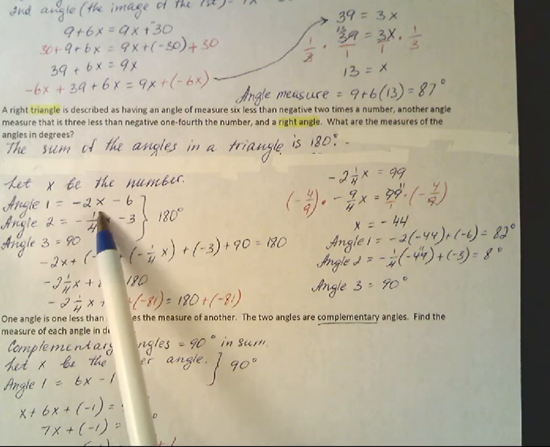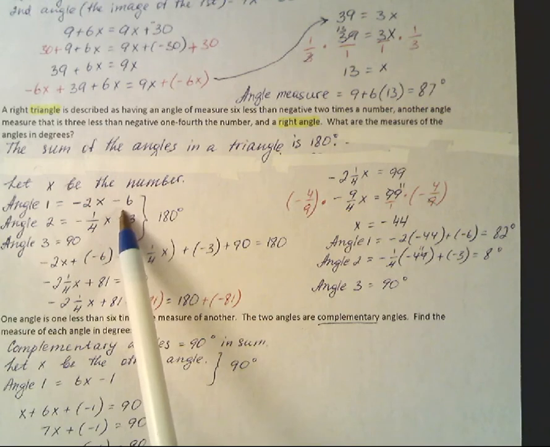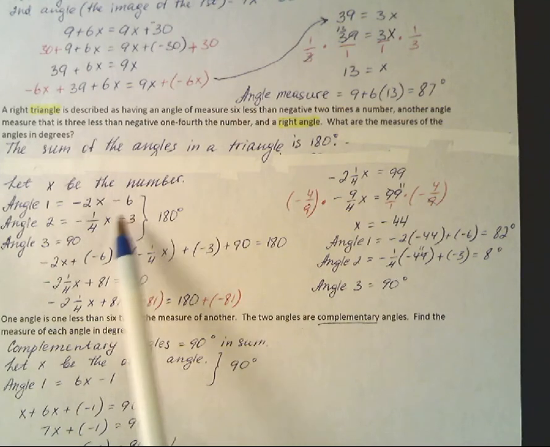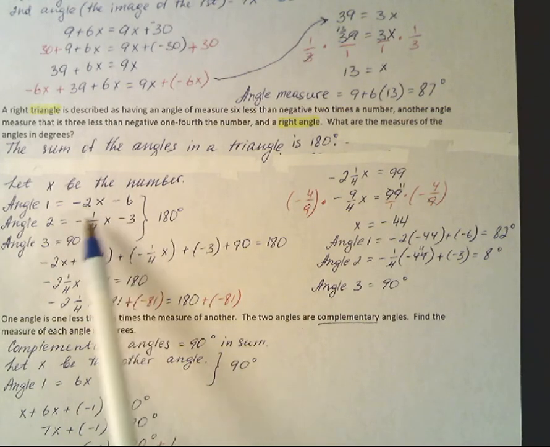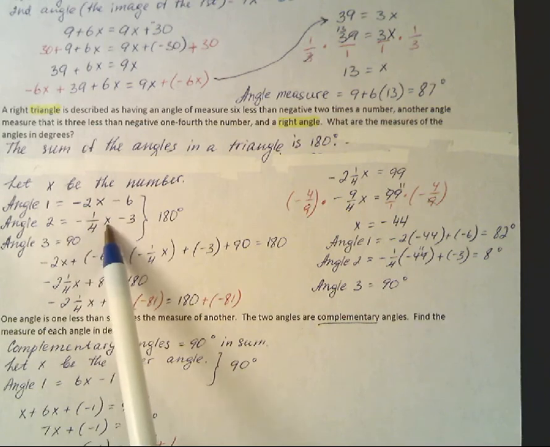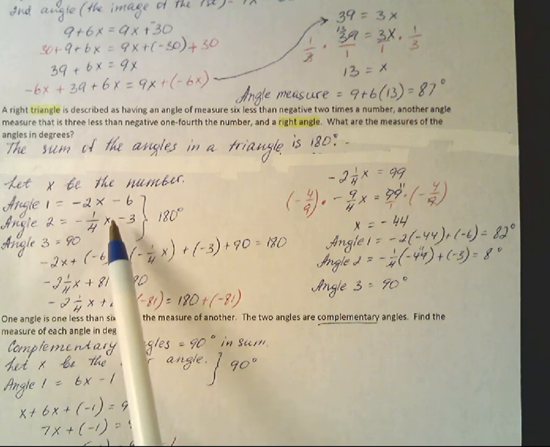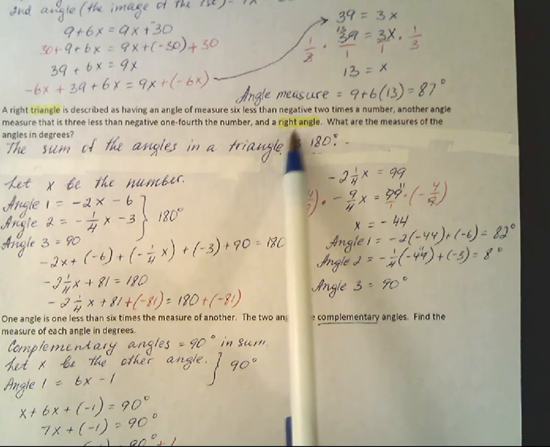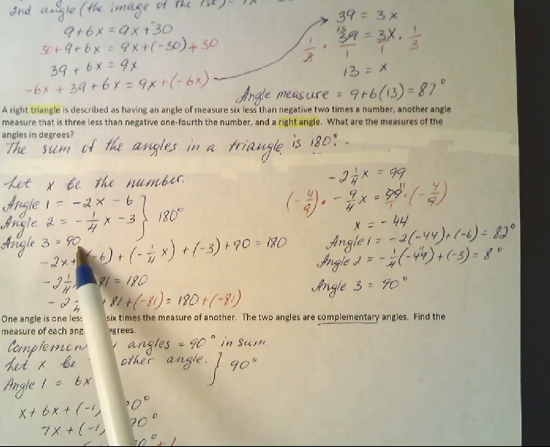Okay, -2x minus 6. Second angle, 3 less than -1/4 the number. 3 less, so you will subtract 3 from -1/4 x. Your third angle is the right angle. Right angle means 90-degree angle.